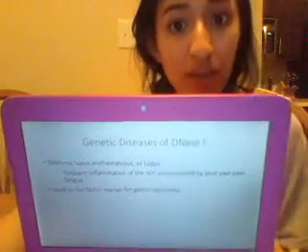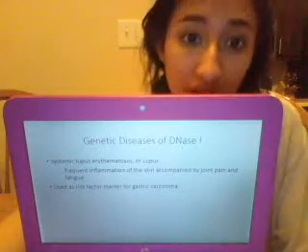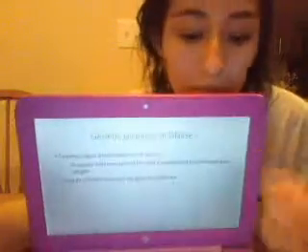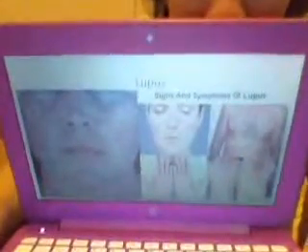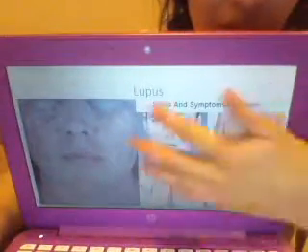So doctors can look at this and tell if a person is at high risk of later developing gastric carcinoma. And these are some pictures of lupus. And here's the inflammation I was talking about.